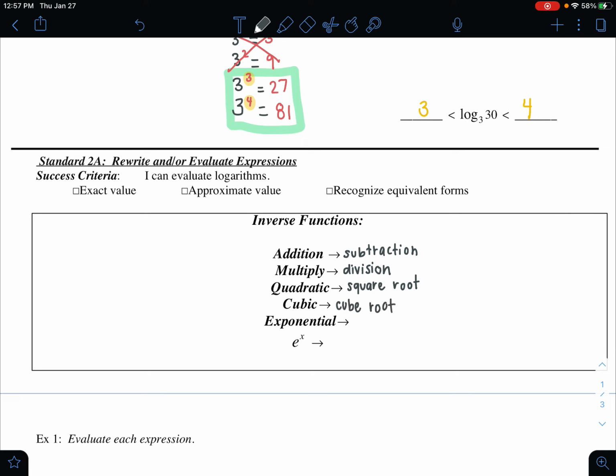A cube root. And the new thing that we're learning is what's the inverse of an exponential? A logarithm. Now there's a special inverse that we talked about yesterday. What's the inverse of e to the x? That's ln, which is called a natural log.